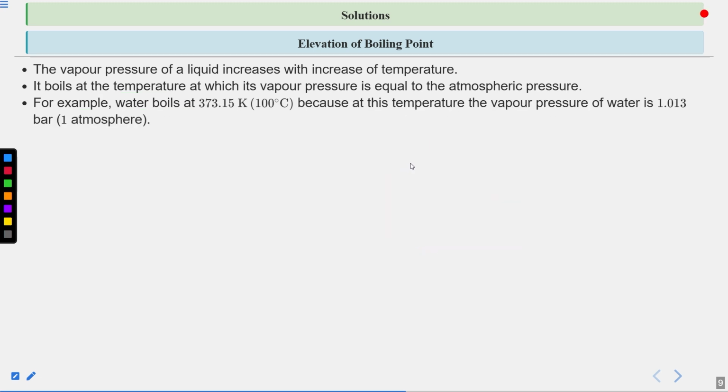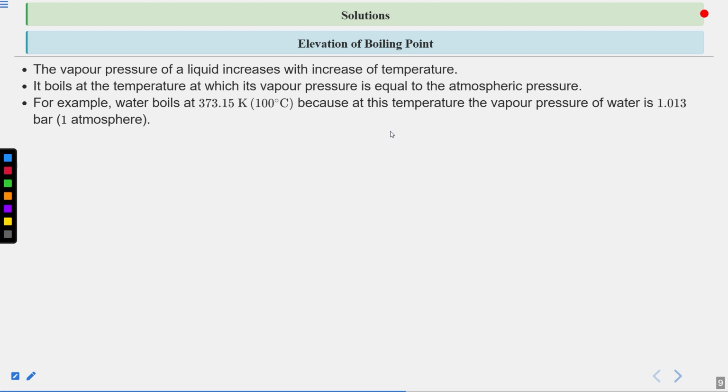So the vapor pressure should be equal to the atmospheric pressure for boiling. This is the condition for a boiling liquid. Now, if you add a non-volatile solid particle, then the vapor pressure will decrease. Hence, you will have to apply more temperature to make your vapor pressure equal to the atmospheric pressure.